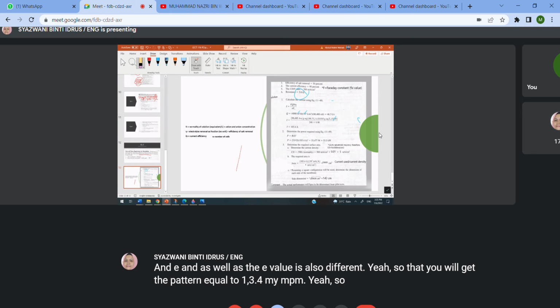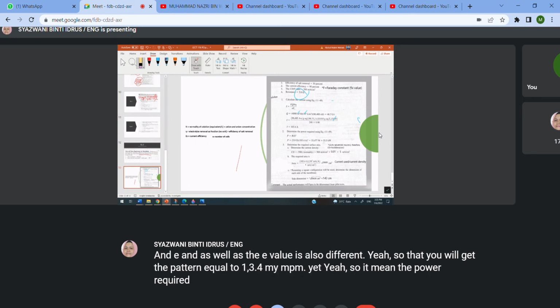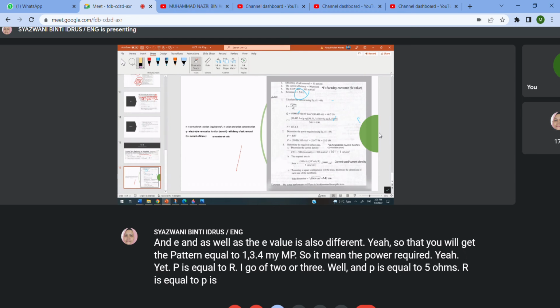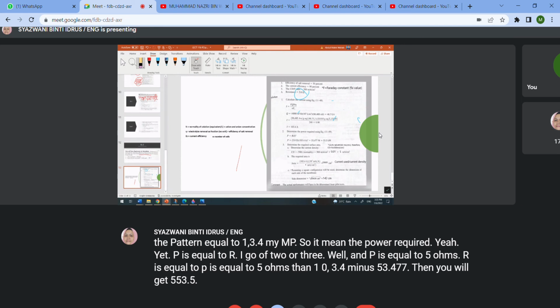So determine the power required. P is equal to R I squared. And R is 5 ohms. P is equal to 5 ohms times 103.4 squared, which is 53,477. Then you will get 53.5 kilowatt.